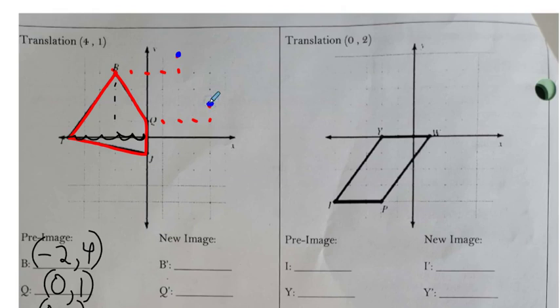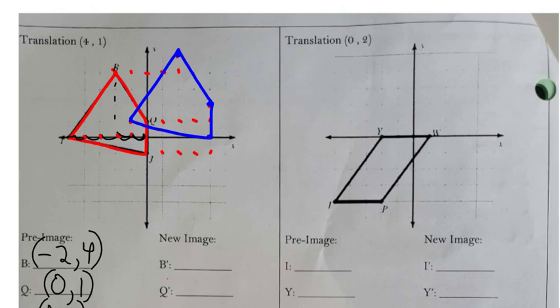And then I'm going to show you a quick, easy way to do this. 1, 2, 3, 4, 1. And then from T, 1, 2, 3, 4, 1. And there is my new shape, and it looks just like the other shape, just right and up.